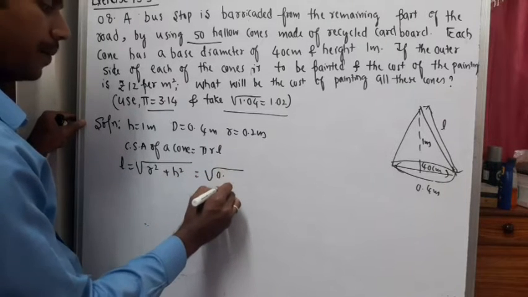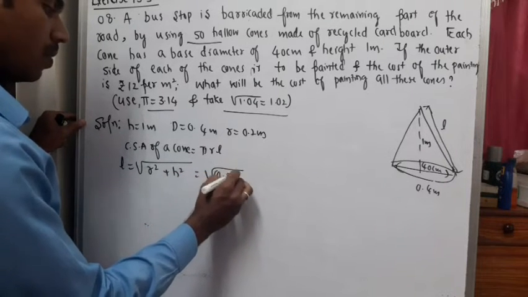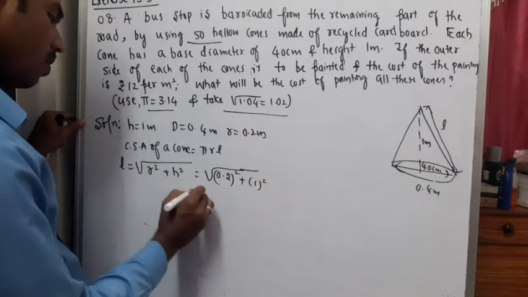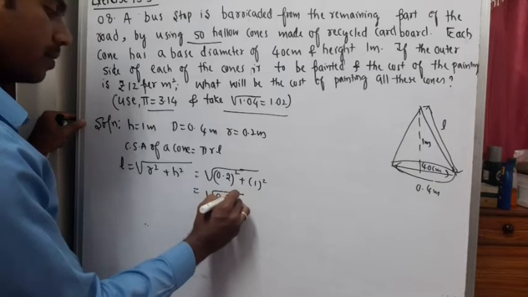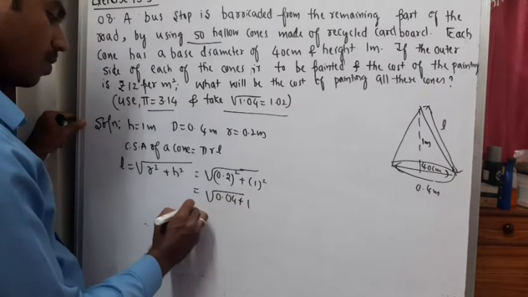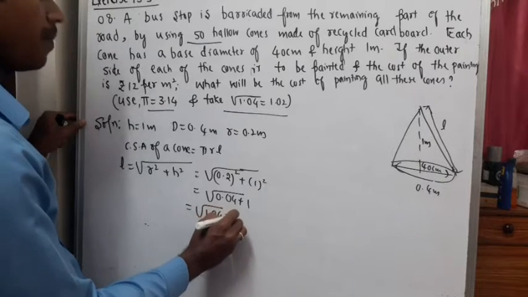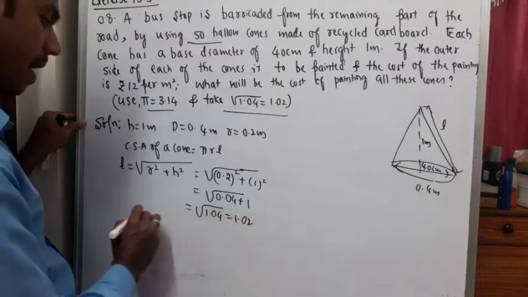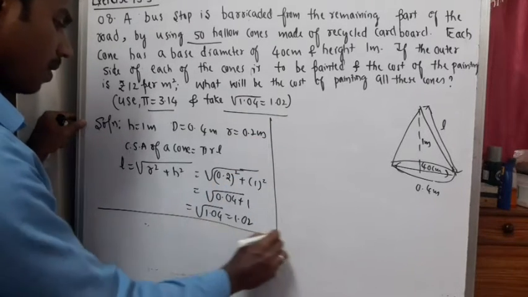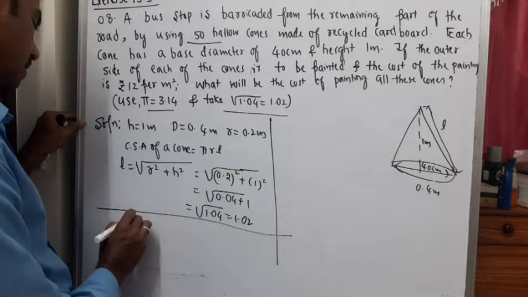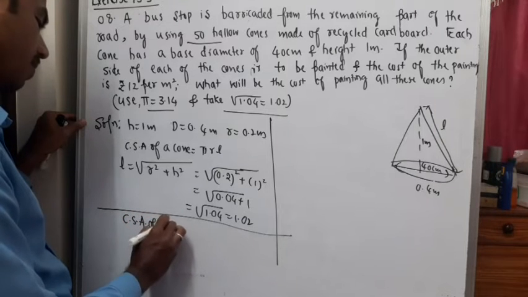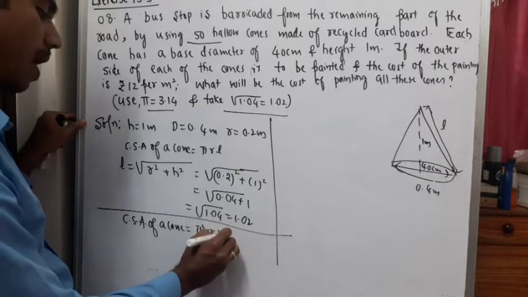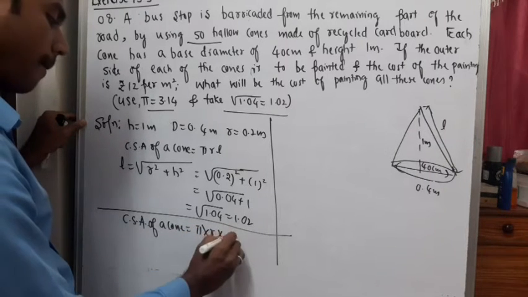What is R square? That is 0.2 whole square plus H square is nothing but 1 square, which is equal to 0.04 plus 1, which is equal to root of 1.04. So root of 1.04 is nothing but 1.02. Already they have given. We need not worry. So CSA of a cone is equal to pi into R into L. Pi already they have given.